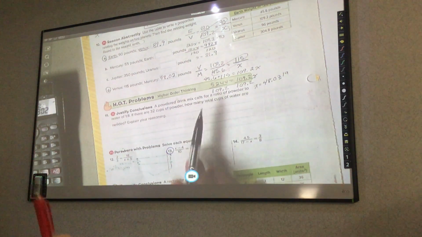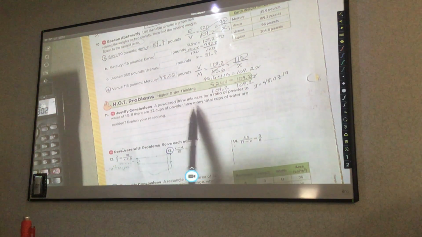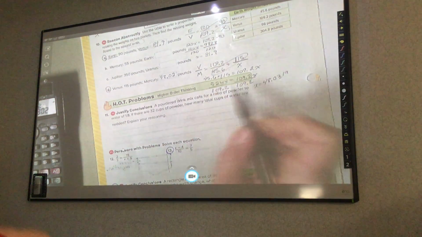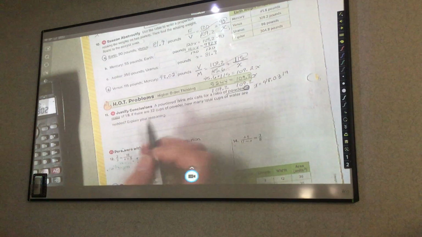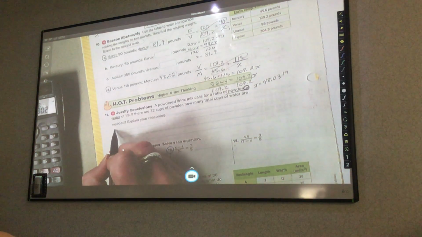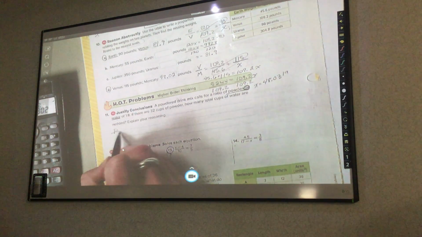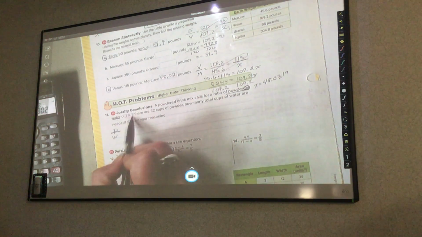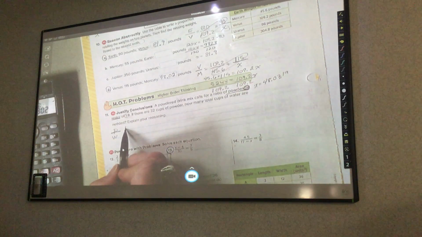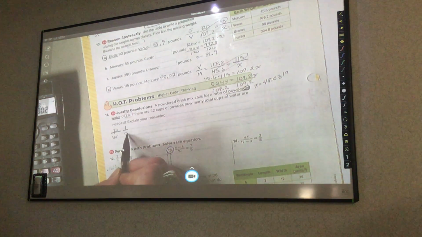I was not off. A powdered drink mix calls for a ratio of powder to water. So start with your label: powder to water. And then my ratio is 1 to 8, so I'm going to write 1 to 8.